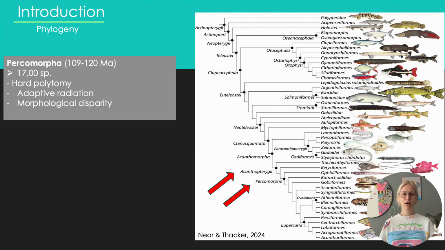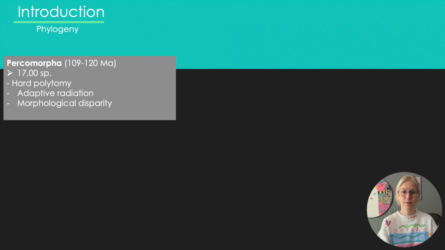They exhibit something called hard polytomy, which is when an evolutionary event results in multiple speciations that are occurring very rapidly, if not simultaneously. And there's also adaptive radiation happening here, where groups of organisms quickly diversify when they exploit new available ecological niches that are left through these extinction events.